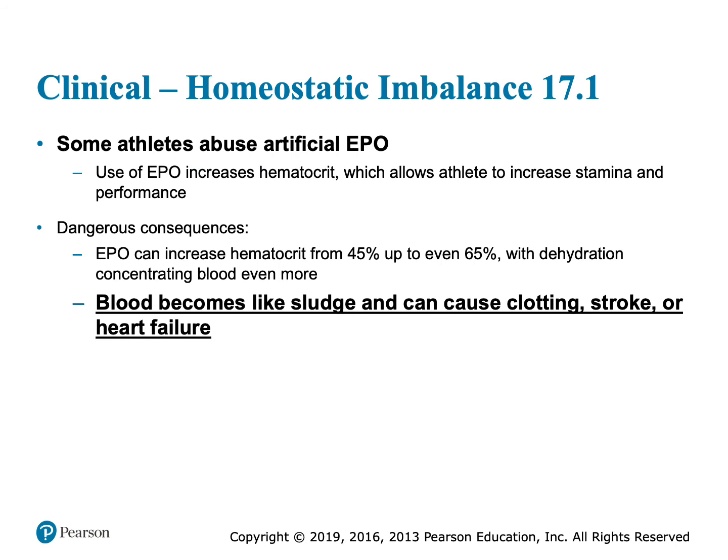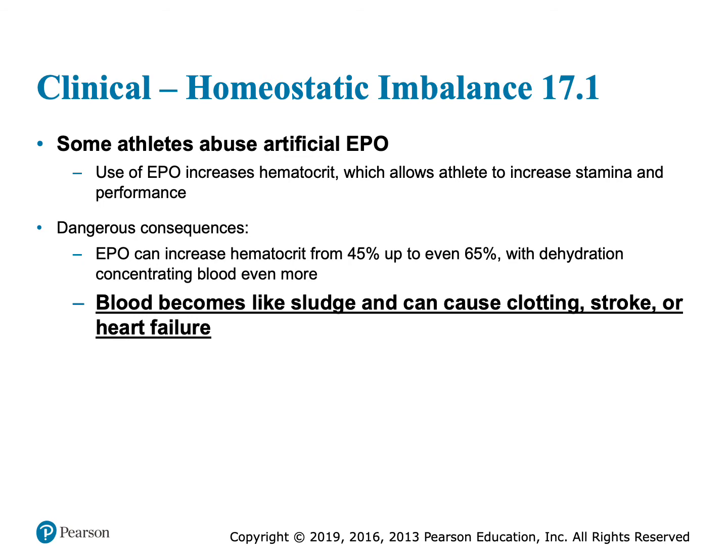Here's a homeostatic imbalance. It's illegal, but athletes getting a hold of erythropoietin. We would use erythropoietin in a kidney failure patient because we don't want them to be anemic. They've already got enough problems. Their kidneys aren't working. You inject them with erythropoietin, at least you can get rid of their anemia.